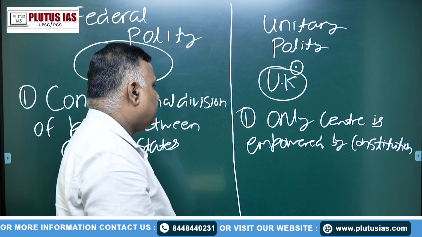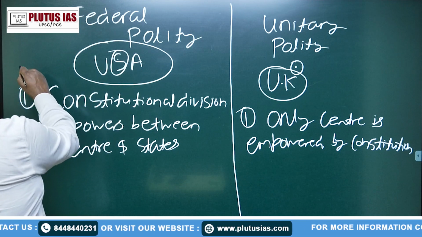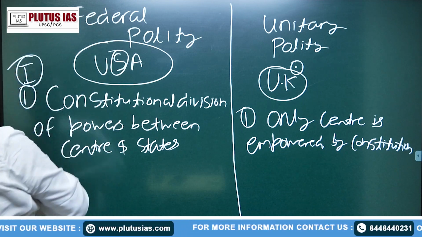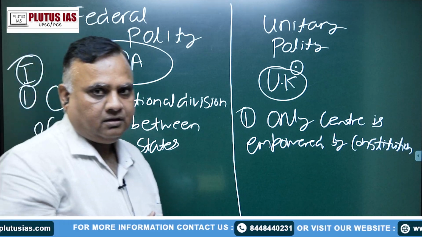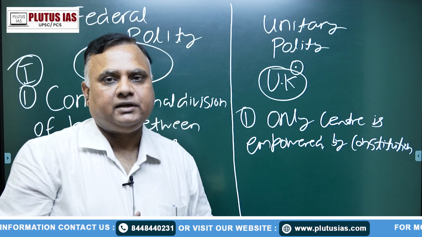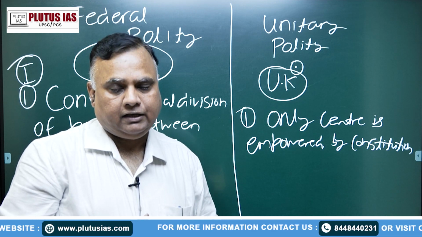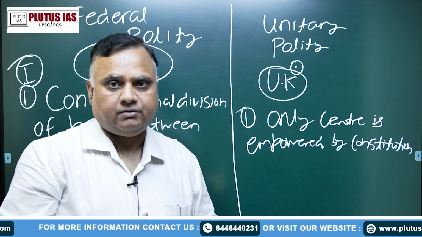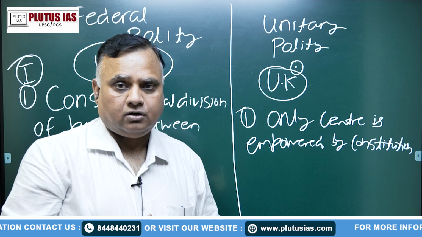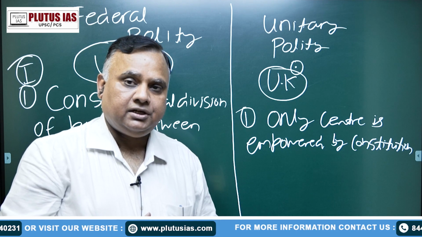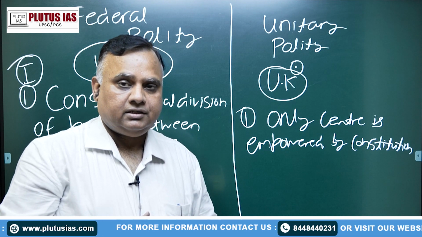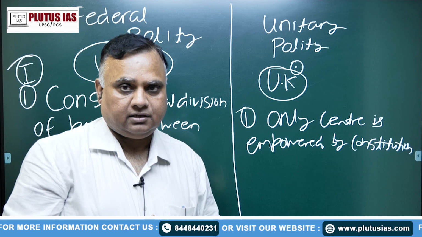In India, this provision is there, that states are empowered by the same constitution by which the center is empowered. I discussed in Part 5 the union government, Part 6 the state government, and Schedule 7 or Article 246 having 3 lists, that is, the union list, state list, and concurrent list.